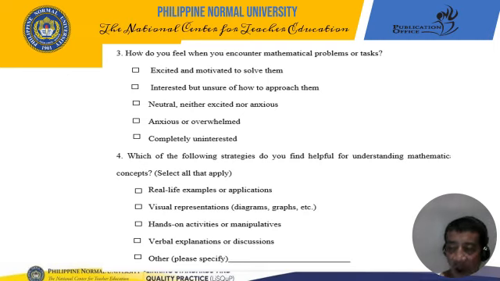Real-life examples or applications? Visual representations like diagrams, graphs, visual aids, models, or hands-on activities or manipulatives? Verbal explanations or discussions? Others? Please specify.